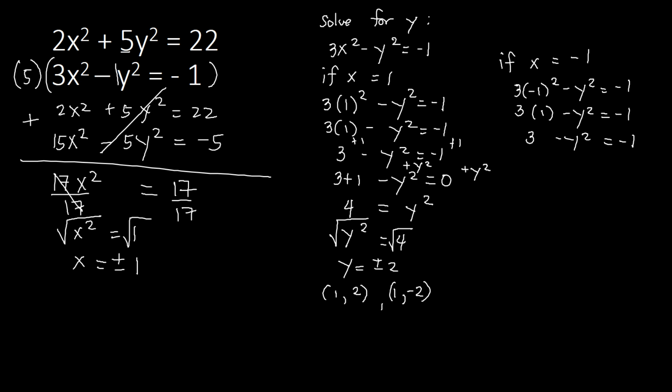We can move negative 1 to the other side, so we're adding 1 here and here. So we have 3 plus 1 minus y squared equal to 0. Next, 3 plus 1 is 4, minus y squared is equal to 0. Then we move y squared to the other side, adding y squared here, and so our 4 will be equal to y squared.